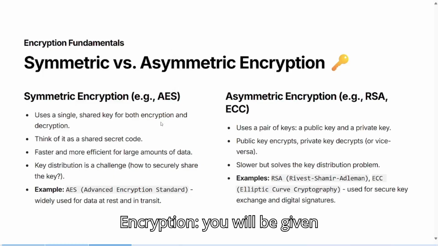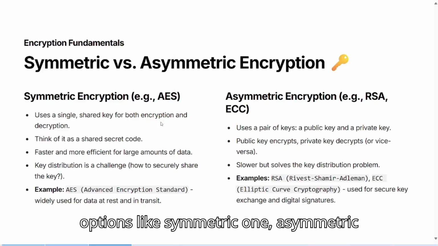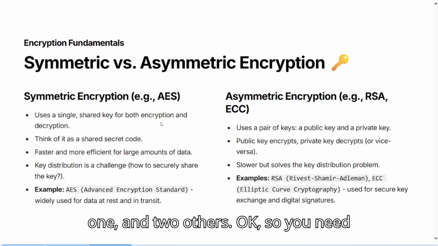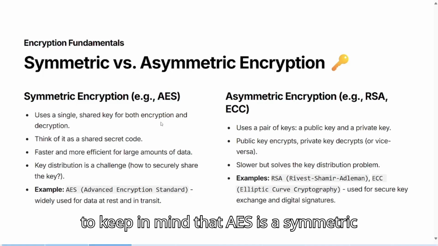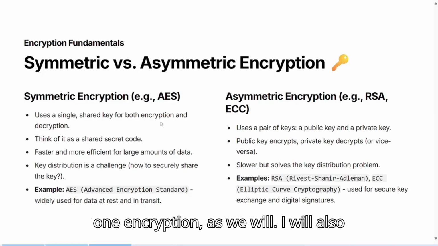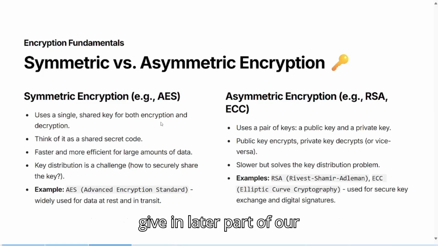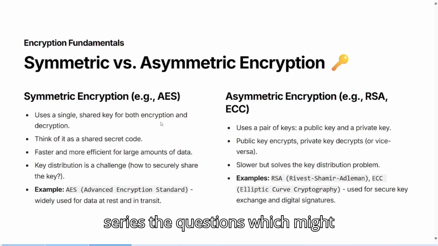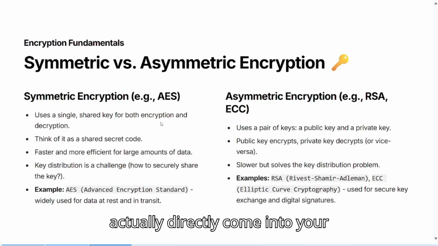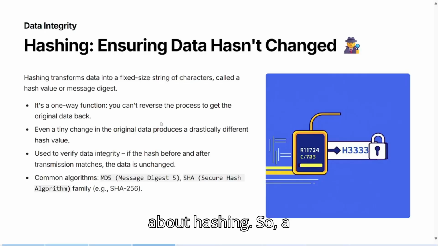You will be given options like symmetric, asymmetric, and two others. You need to keep in mind that AES is a symmetric encryption. I will also give, in later parts of our series, the questions which might actually come directly in your examination. So let's go to hashing.